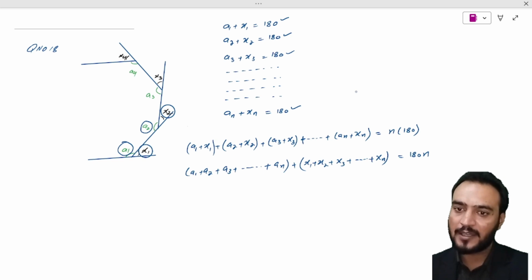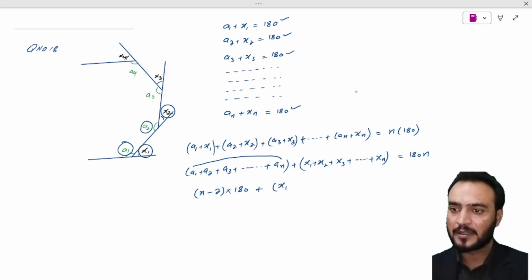All the a's are the interior angles of the polygon, and we know that the sum of interior angles of any polygon is n minus 2 times 180 degrees. This is the sum of interior angles that all the a's represent. So we put the value of the sum of interior angles as n minus 2 times 180 degrees, and keep the x's in the same way, x1 plus x2 plus x3 and so on, plus xn.